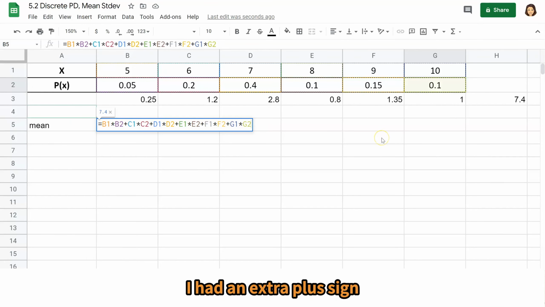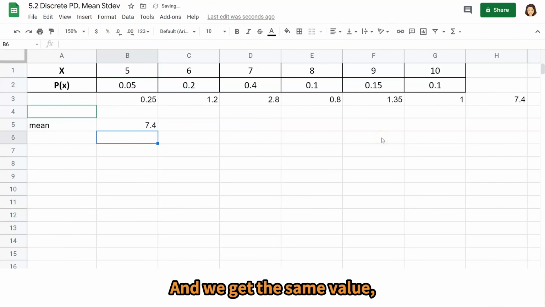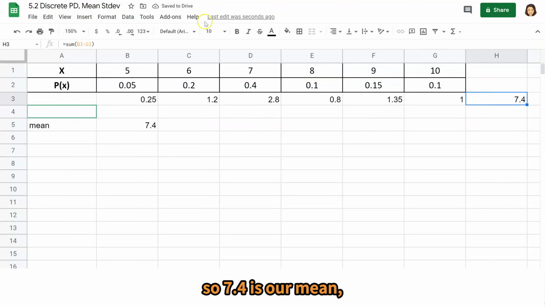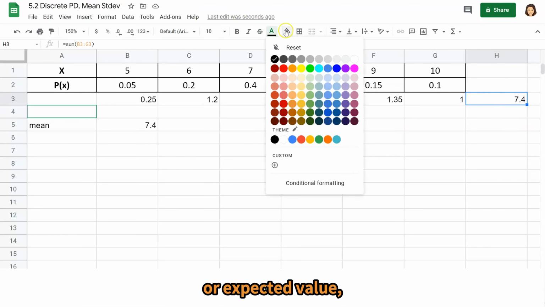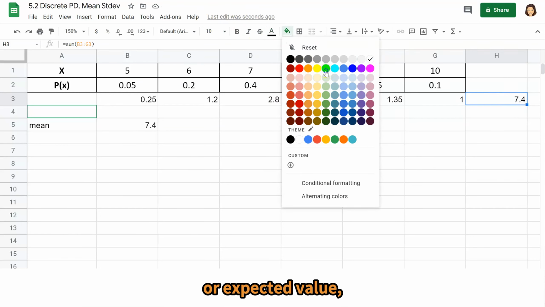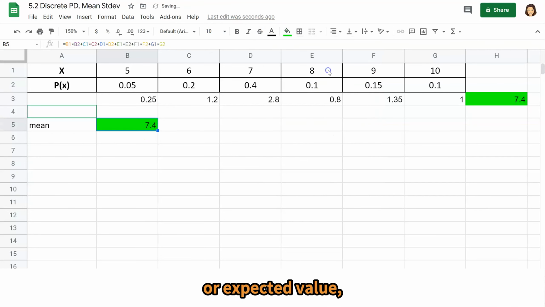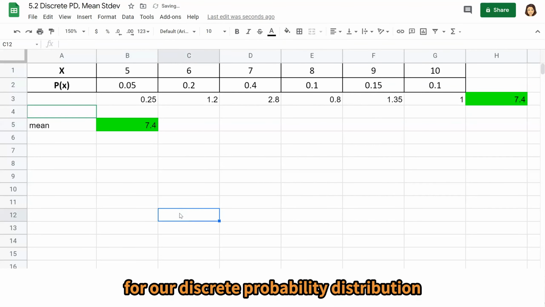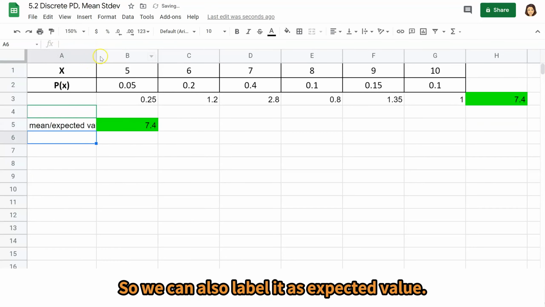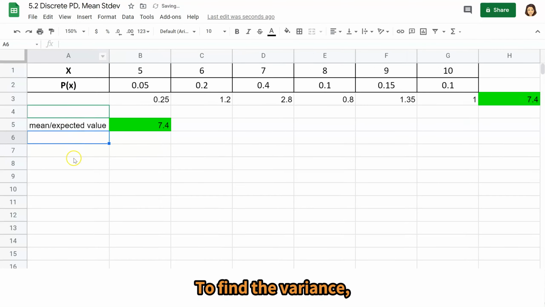Extra plus sign. And we get the same value. So 7.4 is our mean, or expected value, for our discrete probability distribution. So we can also label it as expected value.